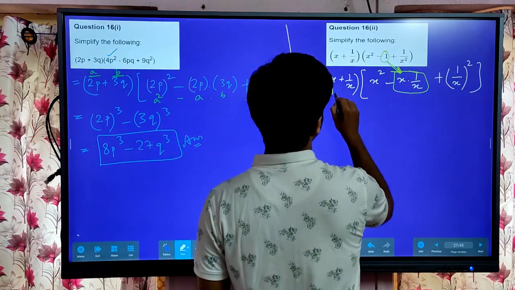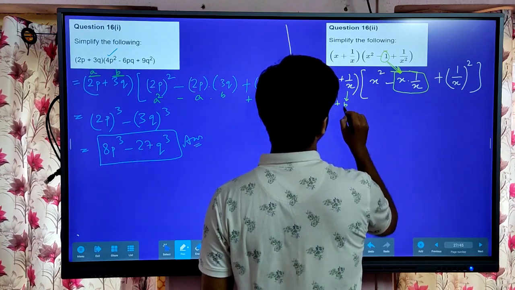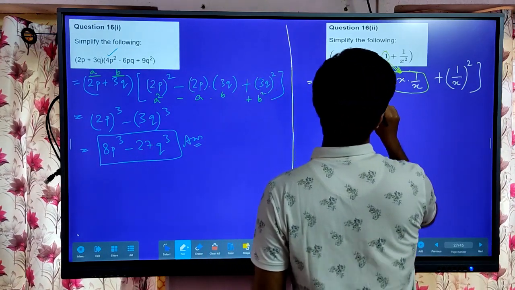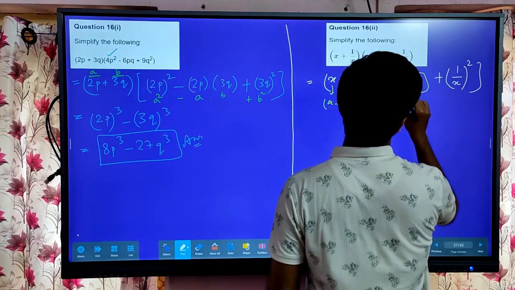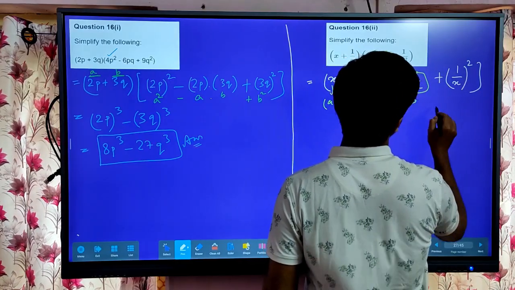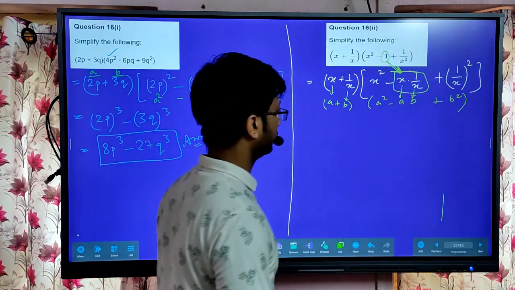This is a, this is b. So a plus b. So this is a square minus ab. a is x, b is 1 by x, plus b square. Understood?